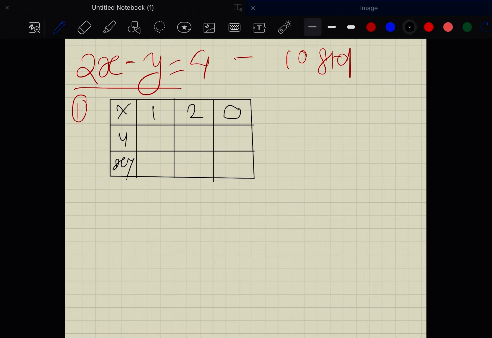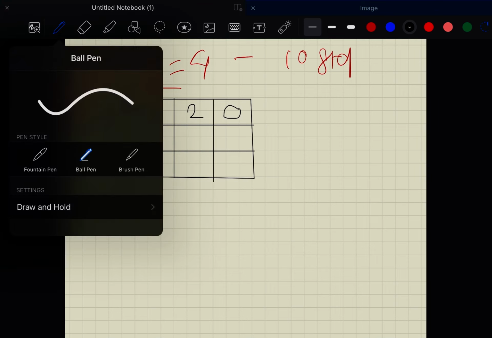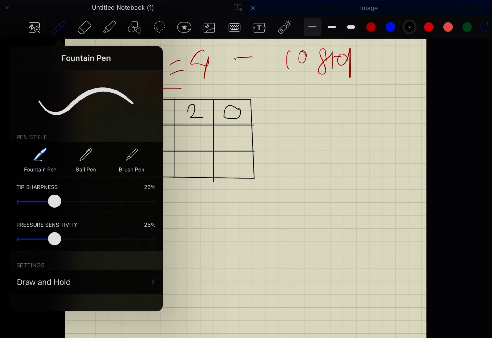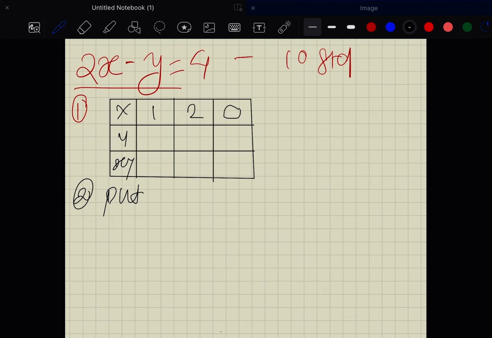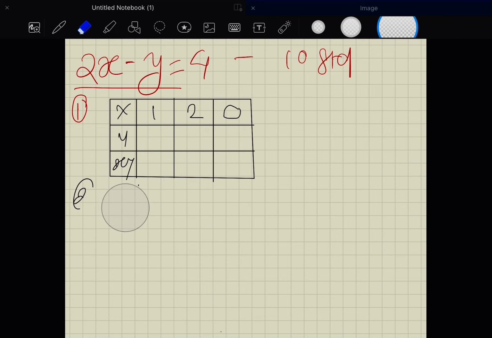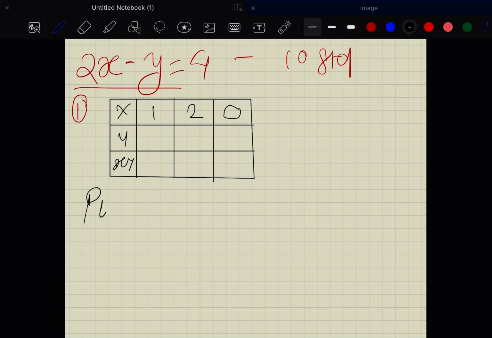Now we have to solve this equation. First, what is our second step? Okay, so the second step, put the value of x is equal to 1 in the given equation.